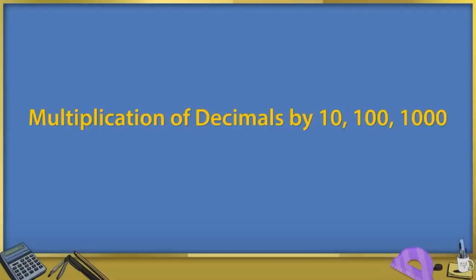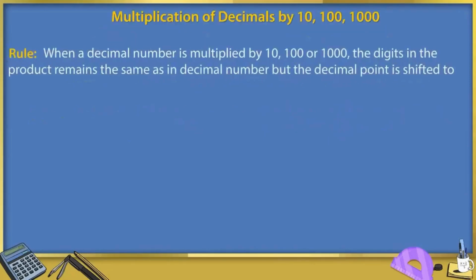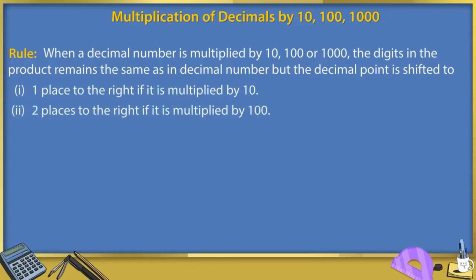Multiplication of decimals by 10, 100, 1000. Rule. When a decimal number is multiplied by 10, 100 or 1000, the digits in the product remain the same as in the decimal number, but the decimal point is shifted 1, one place to the right if it is multiplied by 10, 2, two places to the right if it is multiplied by 100, 3, three places to the right if it is multiplied by 1000.